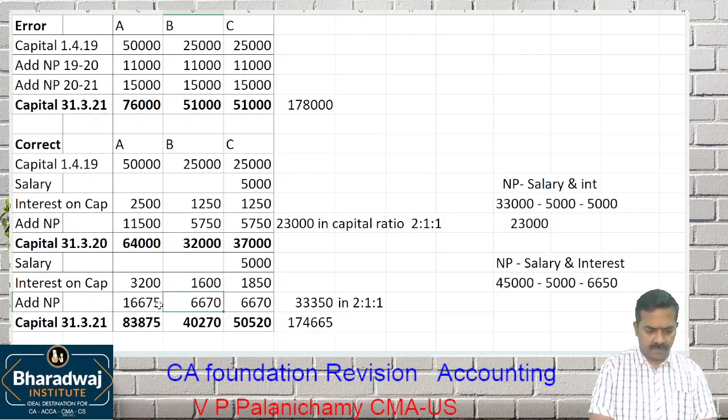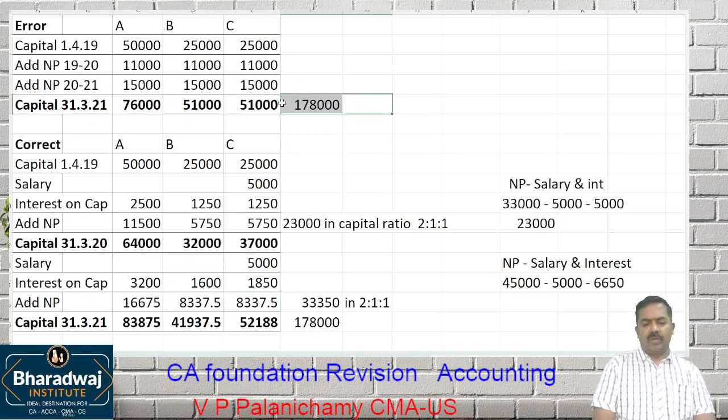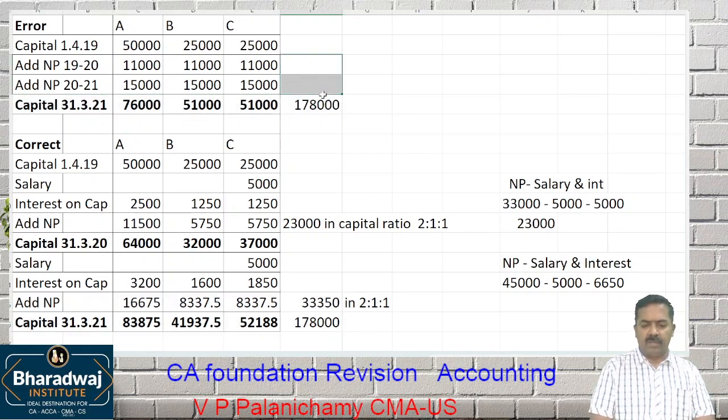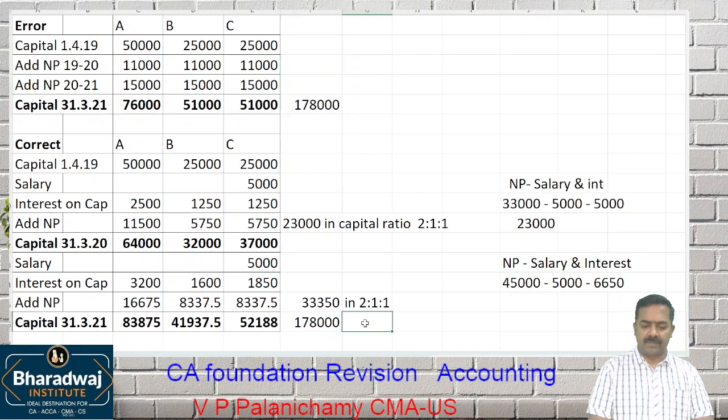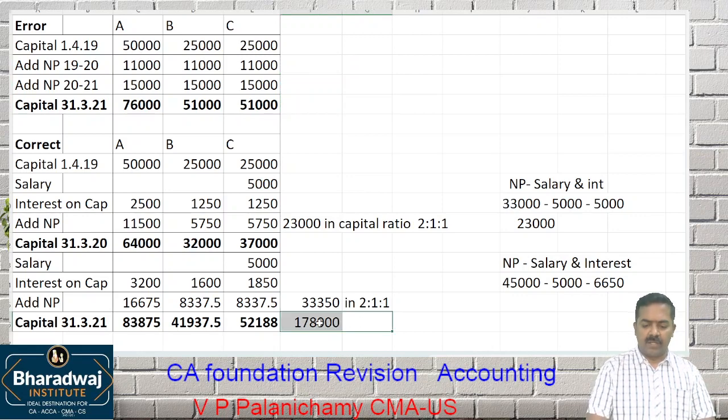And the 833.75. See, if you look at the total wrong capital balance or correct capital balance, the total will be the same, 1,78,000. Within the partners only it will change. Because of the error I told you already, one partner would have gained, another partner would have lost.